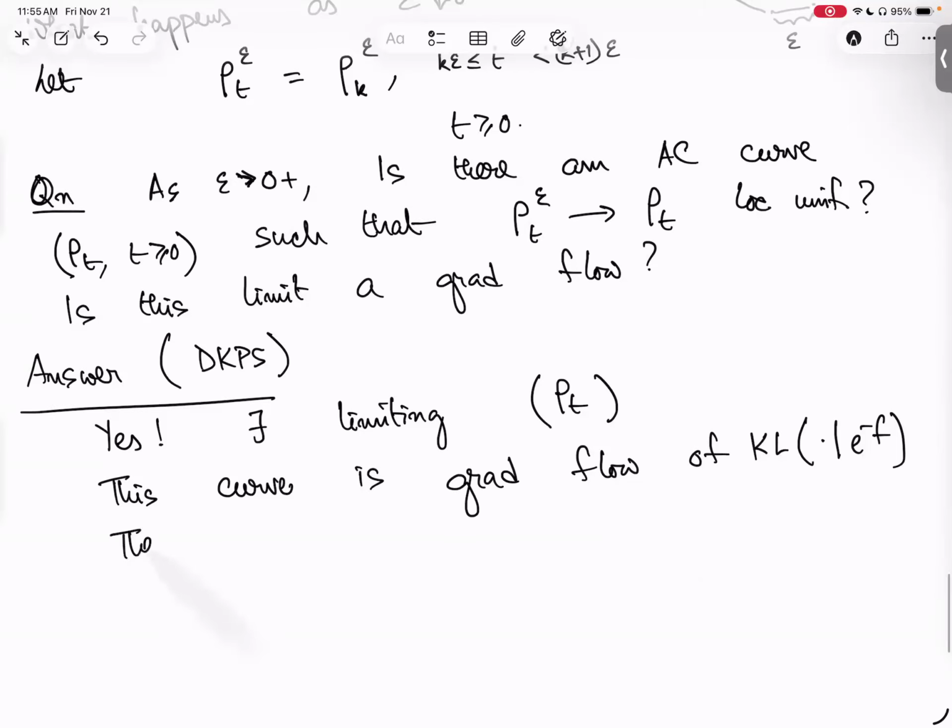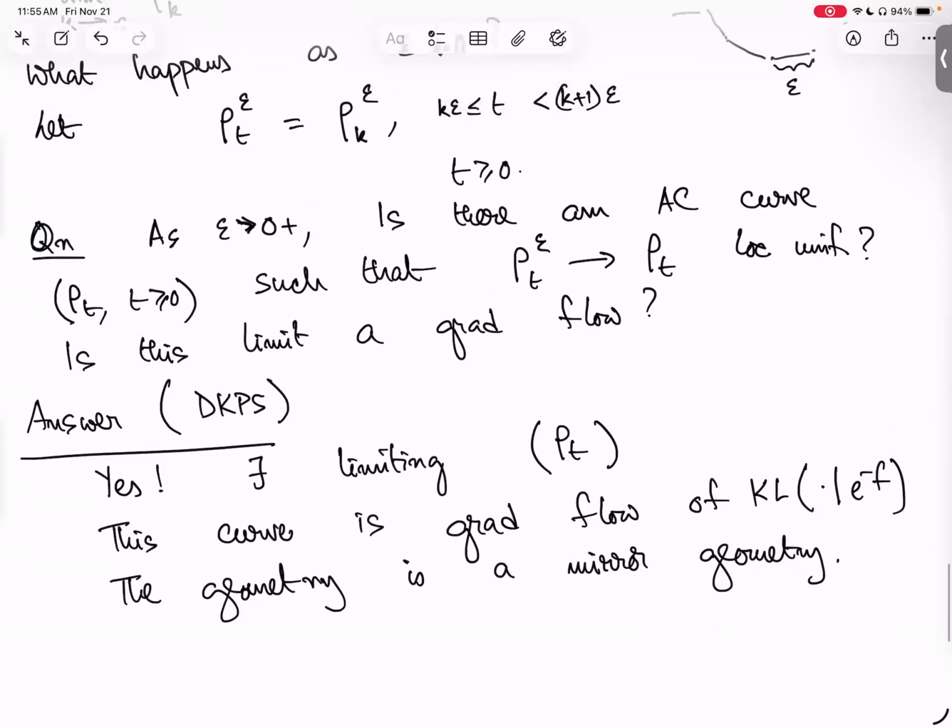The geometry is a mirror geometry. So let me explain what I mean by this. So what did I do here so far? Is this answer clear? There is a limiting curve.